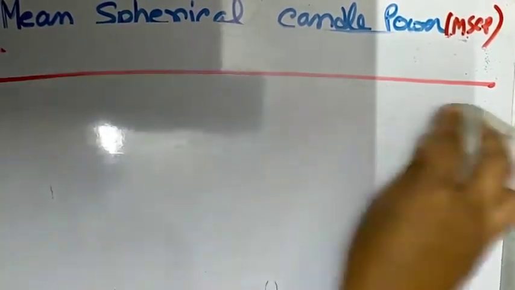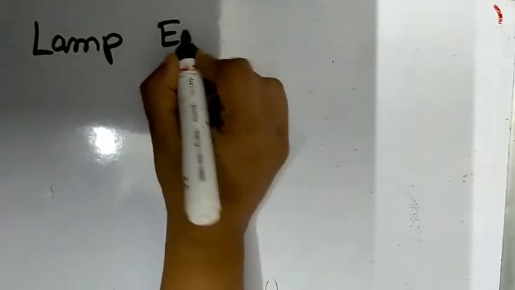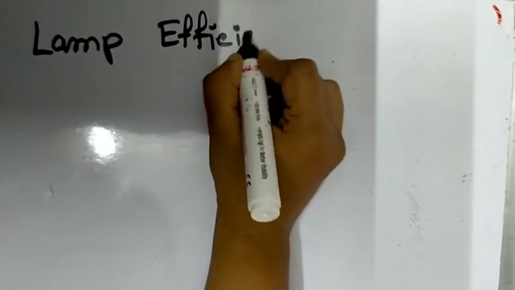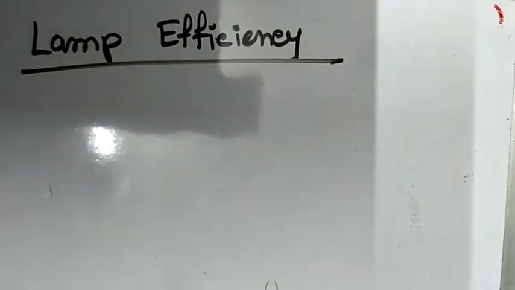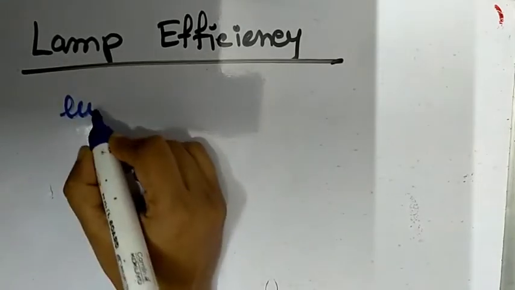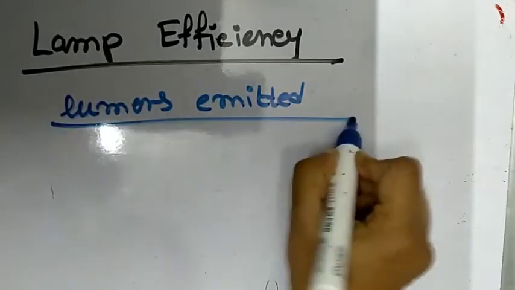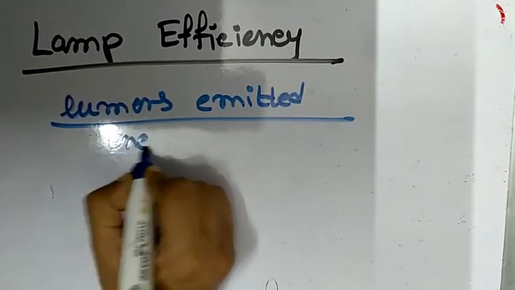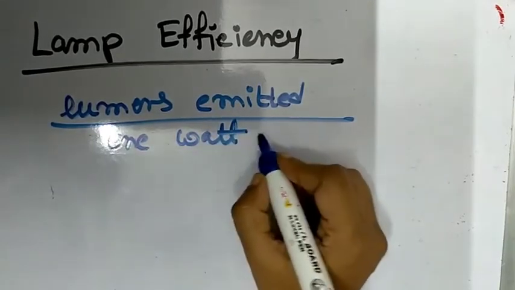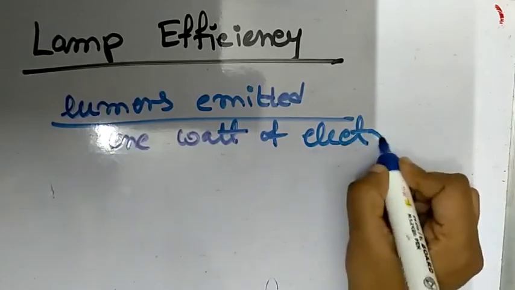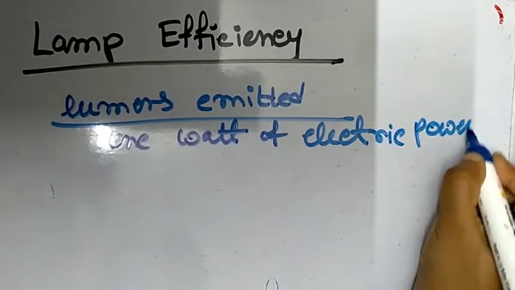Next is lamp efficiency. Now it is the ratio of lumens emitted per 1 watt of electric power.